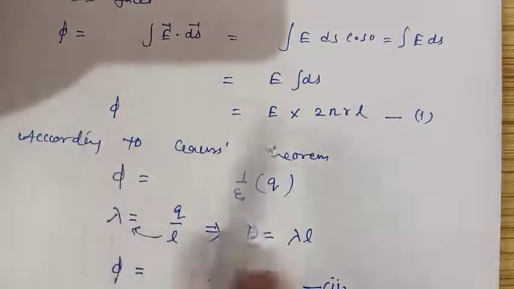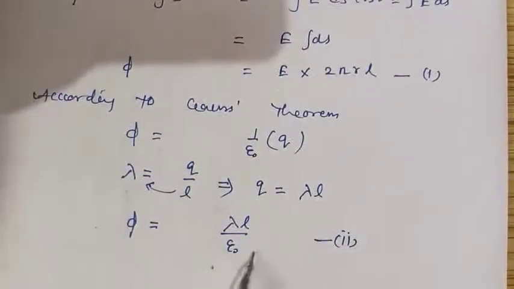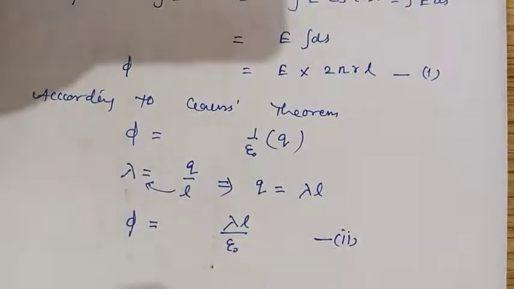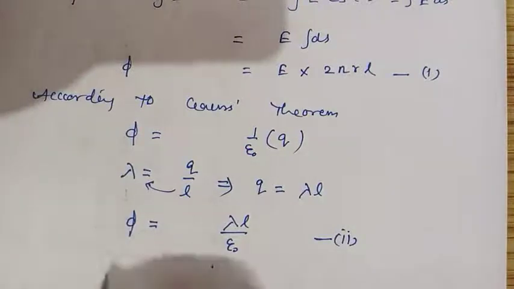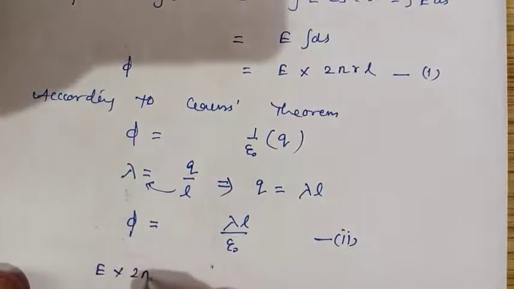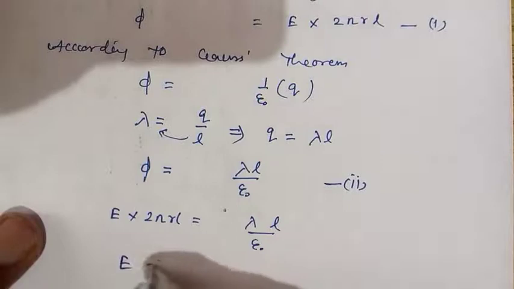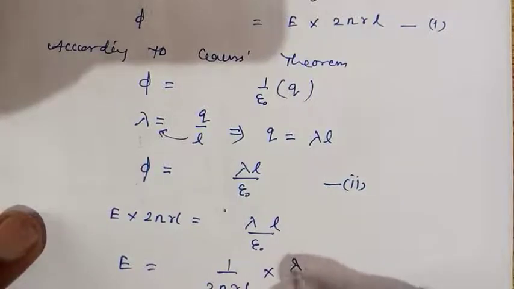Now this is the electric flux from the definition we have calculated, and this is the electric flux from the Gauss theorem. So now equate both these equations. Left sides are equal, so right sides will be equal. So E into 2 pi r L equals lambda L over epsilon 0. So E equals 1 upon 2 pi r L into lambda L upon epsilon 0.